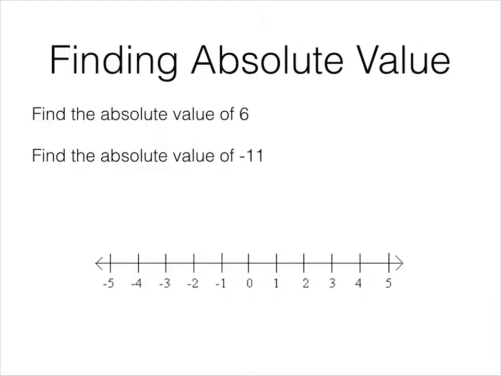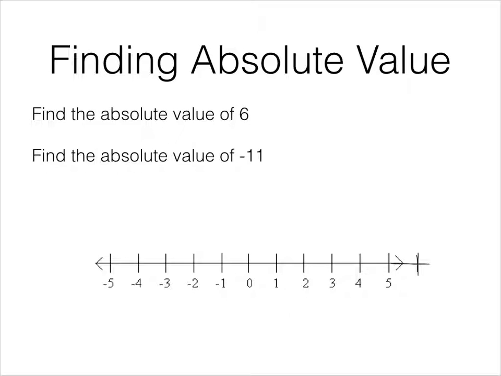So finding absolute value. Absolute value, again, is the distance between a number and 0. So first one says find the absolute value of 6. So if I were to imagine my number line, I have 0, 1, 2, 3, 4, 5, 6 would be one more past, about the same distance.